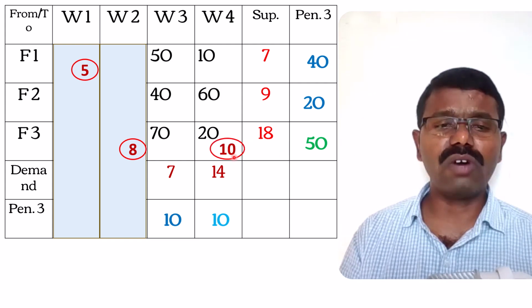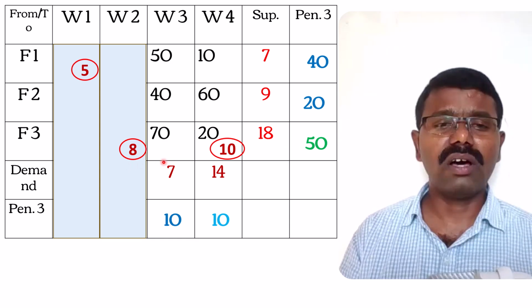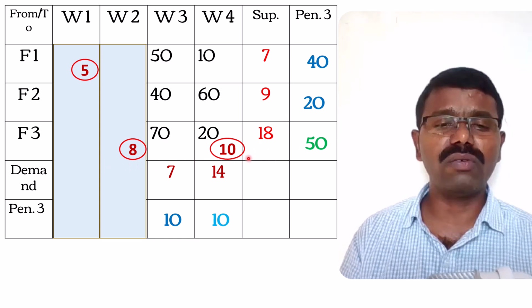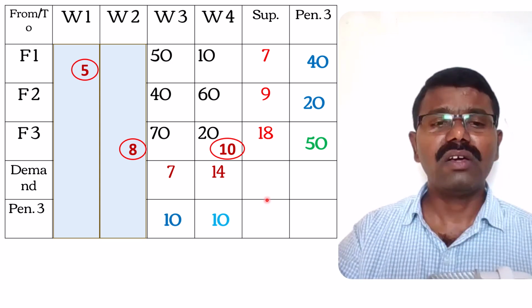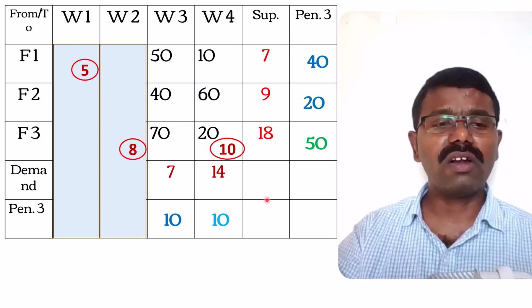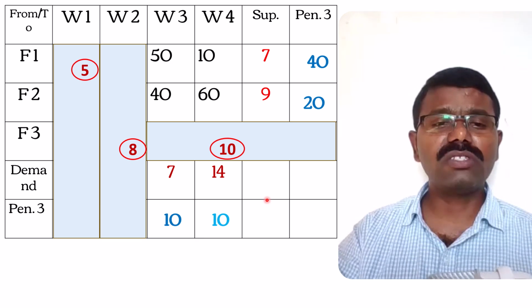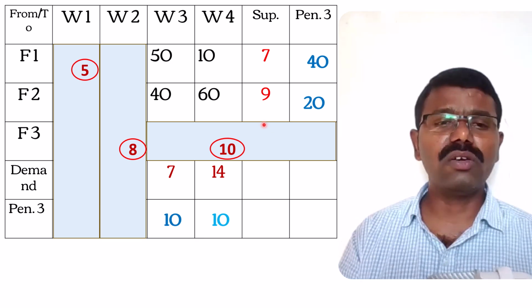Once you assign this cell, this row 3, that means factory 3, will be closed, because the supply is only 18, and that 18 is already assigned to warehouses 2 and 4. Then you close this factory 3, then you see the remaining units.